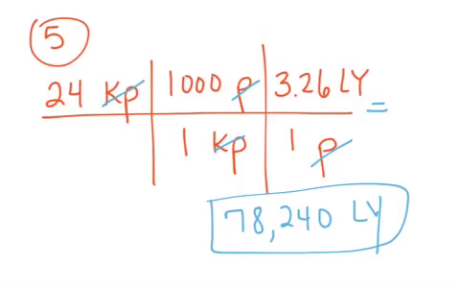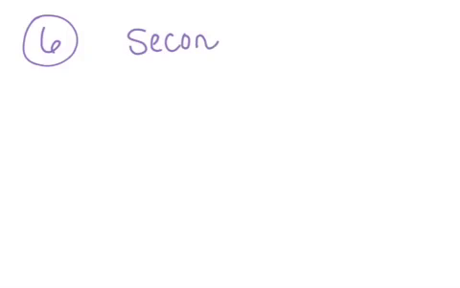Okay, to make things just a little bit more difficult, we're going to look at number 6. How many seconds are there in 1 year? So what we want is we want seconds per 1 year, kind of like a unit rate.